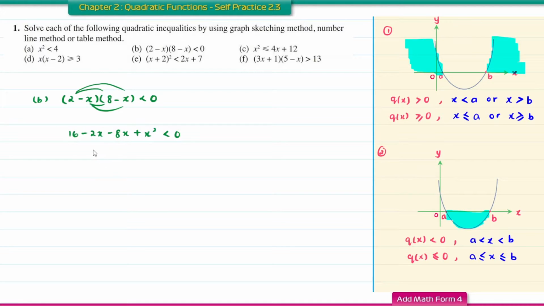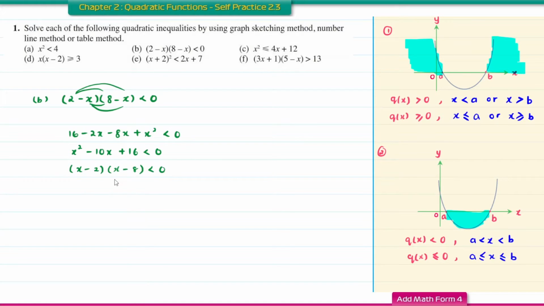Next, I'm going to rearrange this: x squared, and for the like terms, after you solve it, you're going to have negative 10x plus 16 less than 0. Therefore, I know a is greater than 0, so I'm going to have a graph of a U shape, and the y-intercept is equal to 16. When you factorize this, you're going to get (x minus 2)(x minus 8) less than 0.